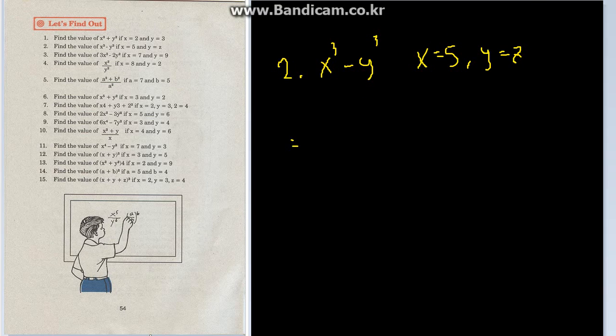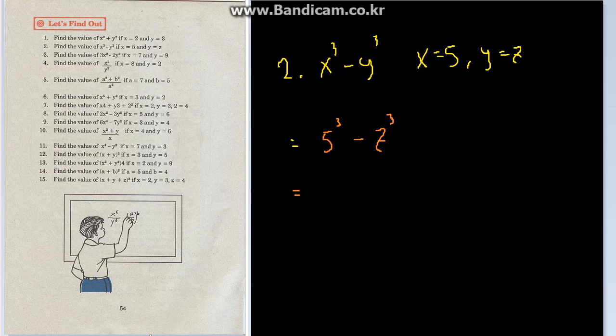Then what do we get? We get 5 to the third power minus, well, since we have y is equal to z, we plug in z for y, so z cubed.